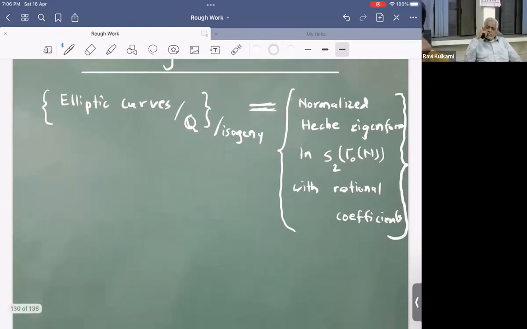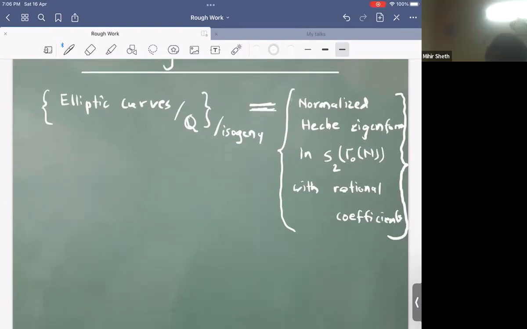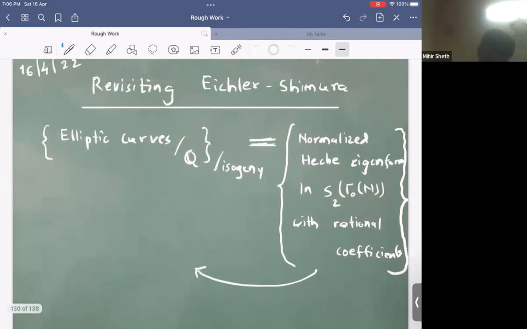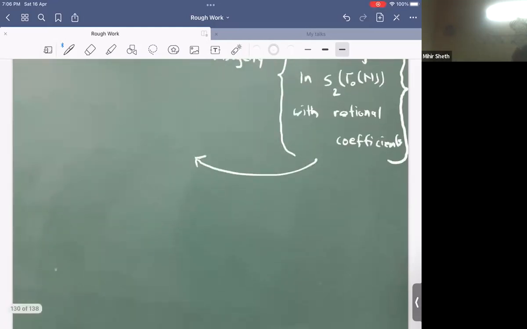So okay, the direction from right to left is what is known as the Eichler-Shimura theory. So Eichler and Shimura attach an elliptic curve to every such modular form.